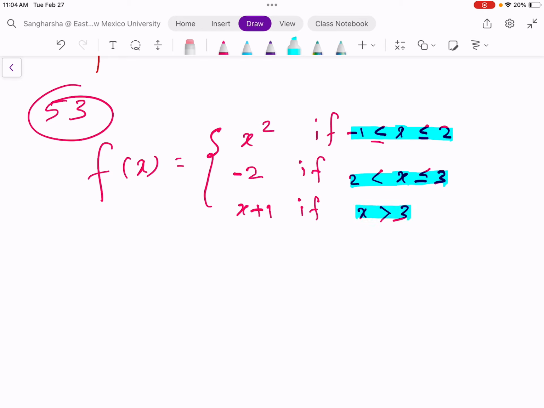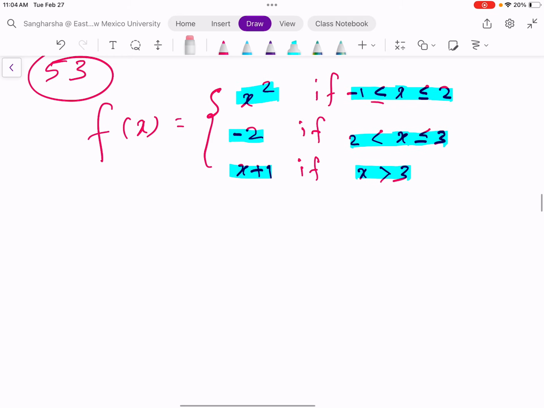So for different inputs we have different outputs, so we're going to have three different graphs here. For each set of input we have a different output, so we're going to have a different graph for each of these sets of inputs.